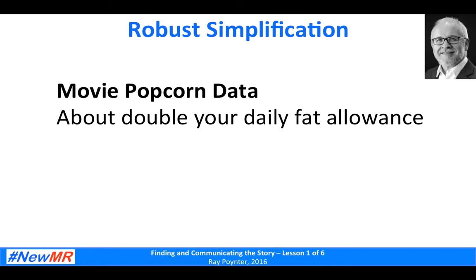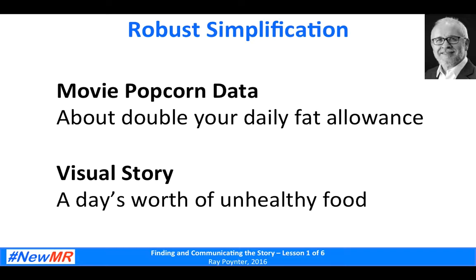It no longer has any punch. By contrast, the visual story says one medium-sized pack of movie popcorn is the same as a whole day's worth of unhealthy food. That is a really strong message. That's a message that can be simplified and still have impact.